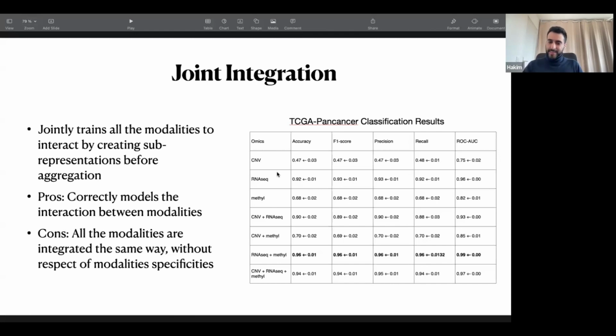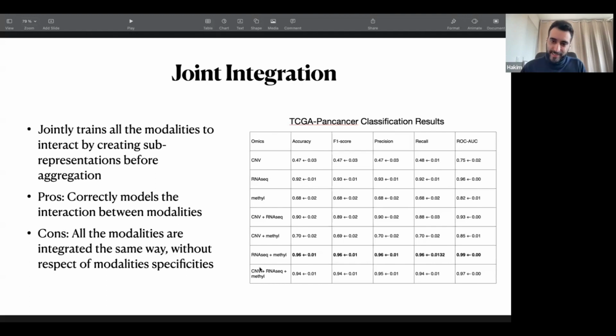And we witnessed that first, the modality that has the highest signal is the RNA-seq, and the highest performance is actually achieved with RNA-seq plus methylation. And when we add copy number variation, it only worsens the results.